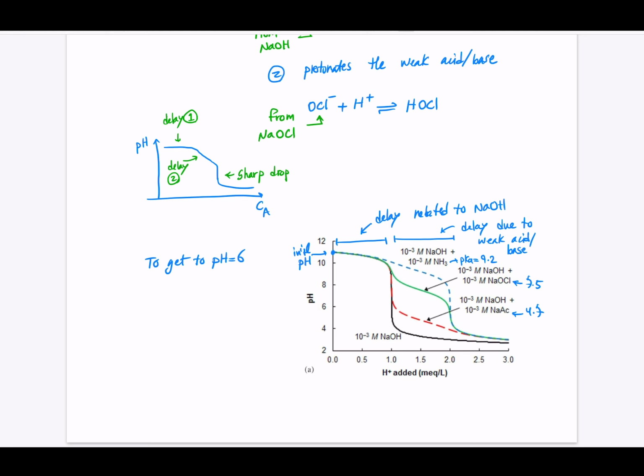So what would be the case for sodium hydroxide only? How much? Exactly. So when we look at pH 6, and where it cuts this black curve, it would be 1 millimolar.